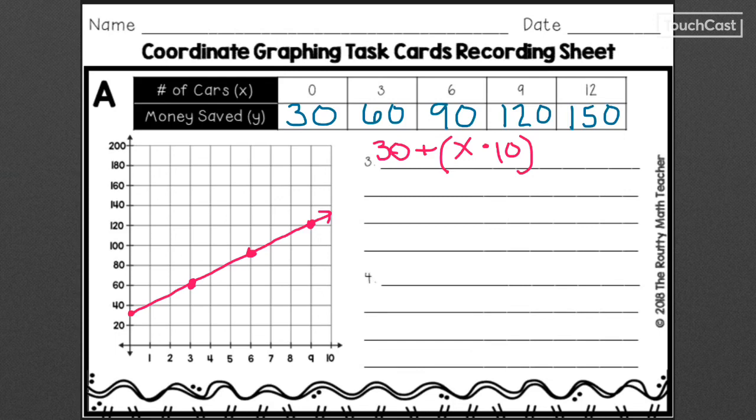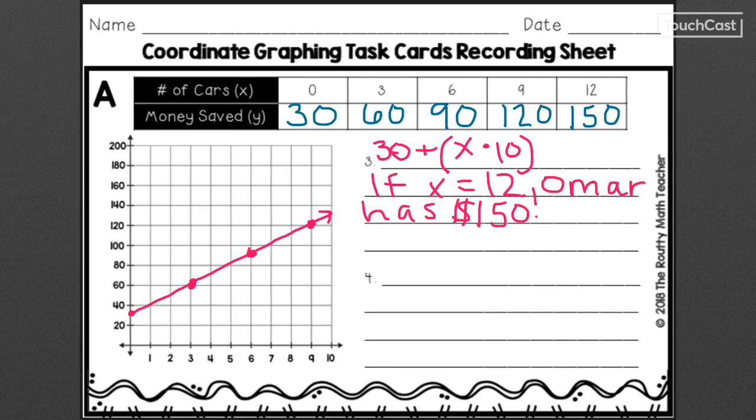So now let's think. How many cars will he have to wash in order to buy that $145 helicopter? Take a look at your data table and see if you can figure it out. Hopefully you noticed that on our data table, when Omar washes 12 cars, he has $150.